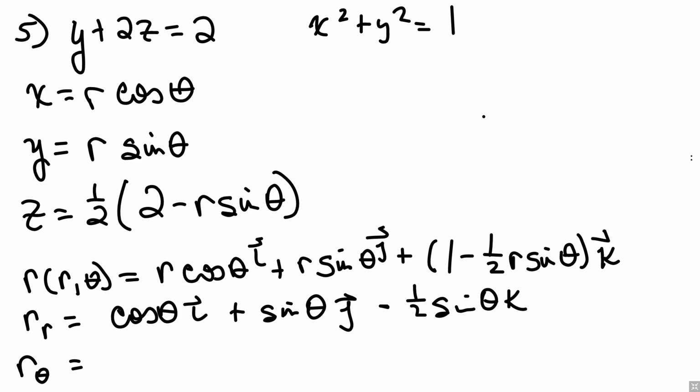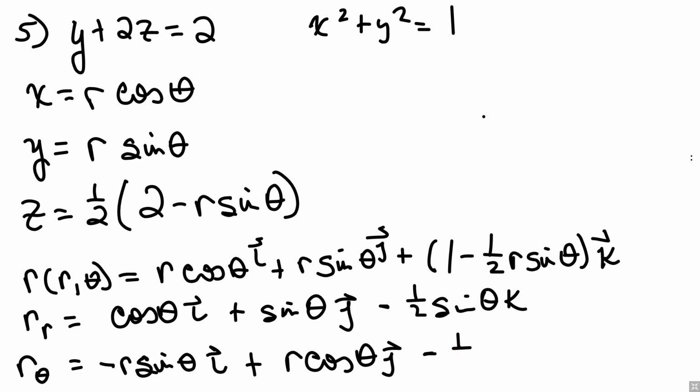Okay, so what do we have? Our partial with respect to theta should be negative r sine theta i plus r cosine theta j, and then this is going to be minus 1/2 r cosine theta in the j.